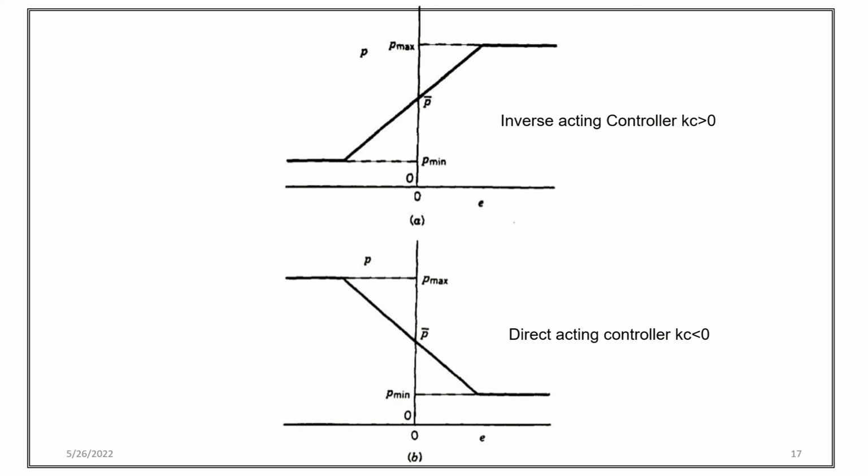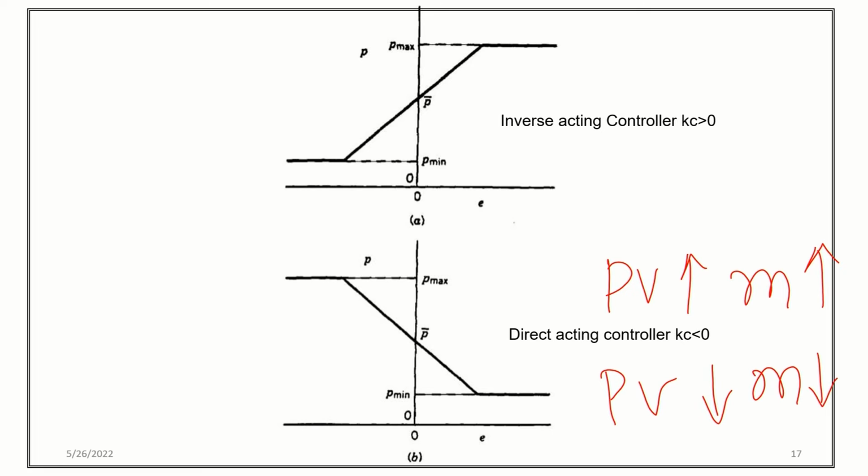A direct acting controller means that when the process variable increases, the controller output also increases. Or in the other way, when the process variable decreases, the controller output also decreases. So you can call it increase action or decrease action.